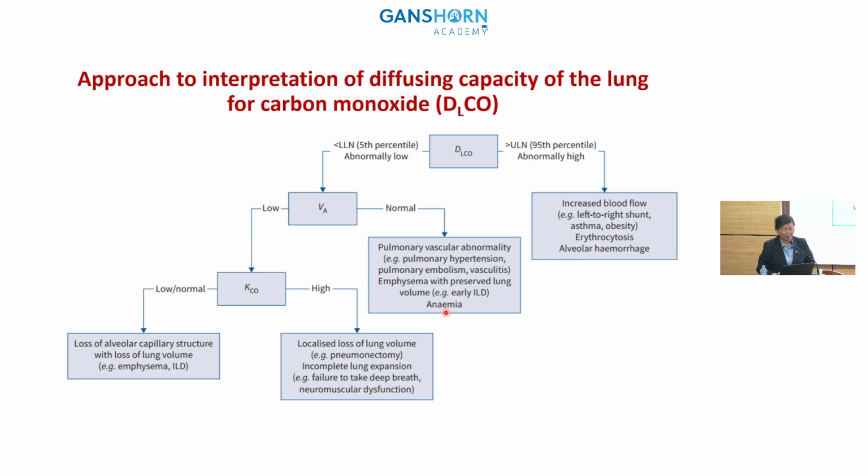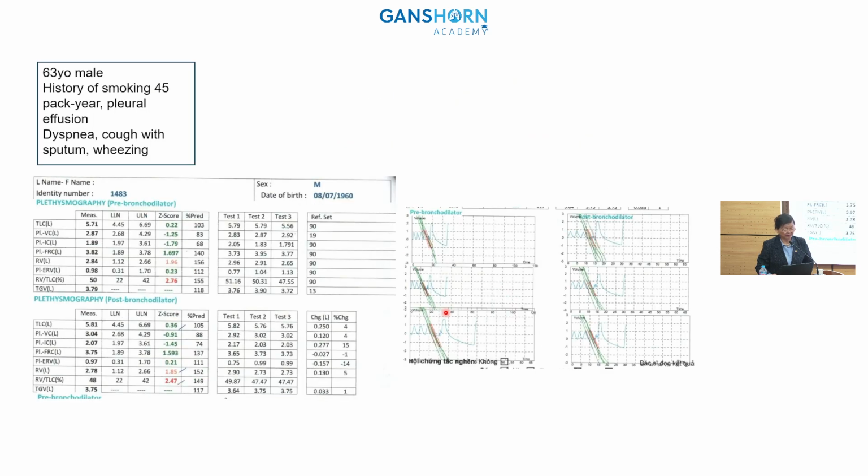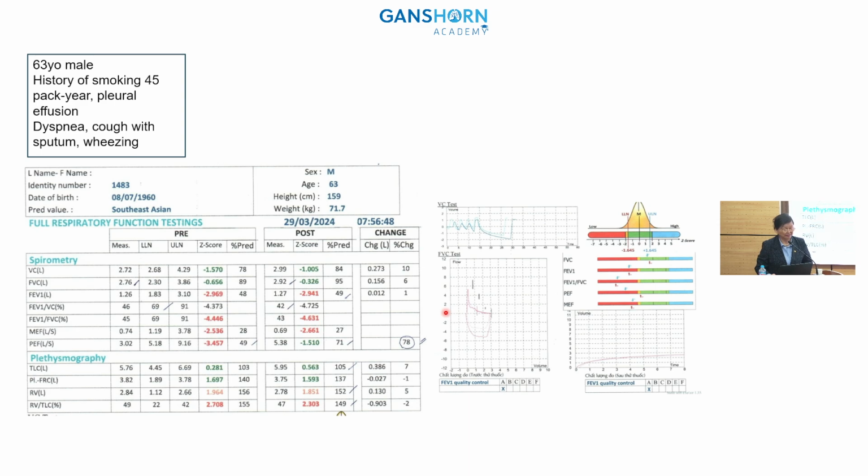Pulmonary vascular abnormality, pulmonary hypertension, or pulmonary embolism, or vasculitis, or emphysema with preserved lung volume, or early ILD, or anemia. So which one will you choose? We review the past medical history of this patient: a male, 64, with a history of smoking, pleural effusion.